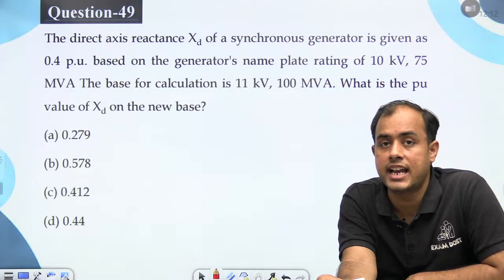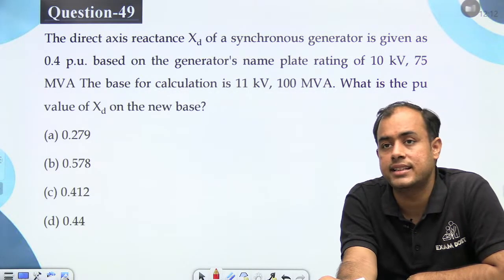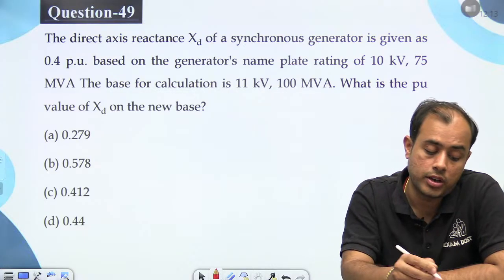ESE 2005. Direct axis reactance is given. It is asking it on a new base.